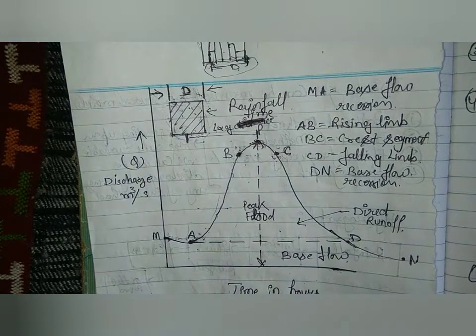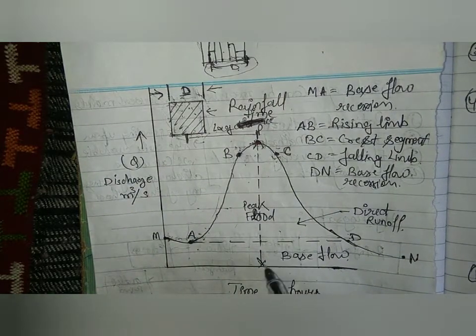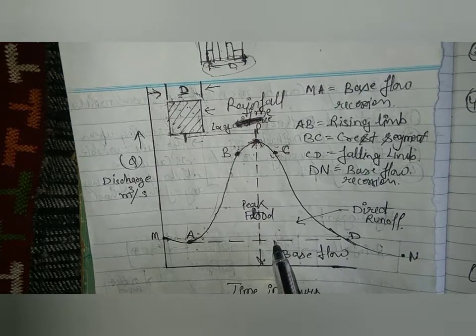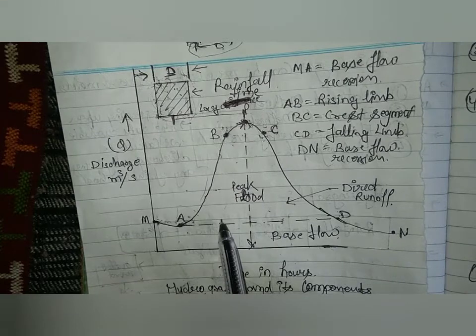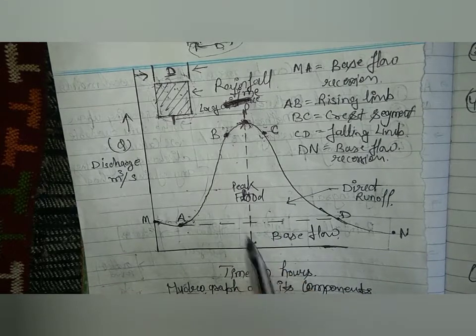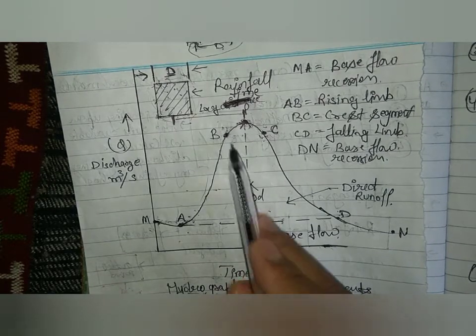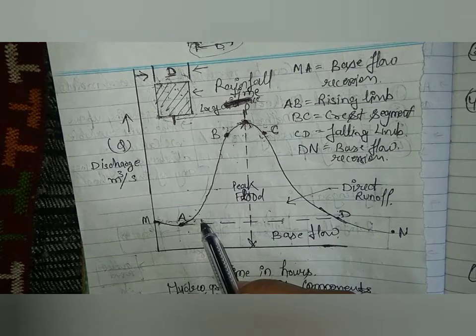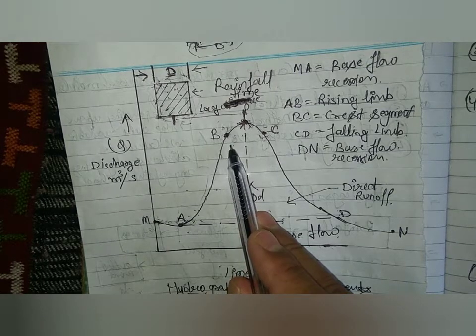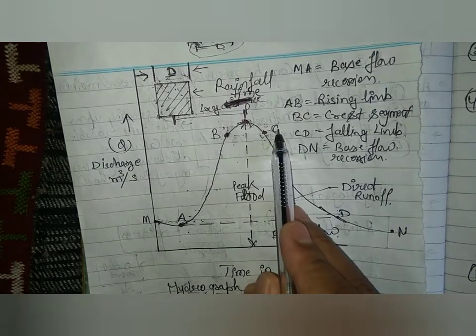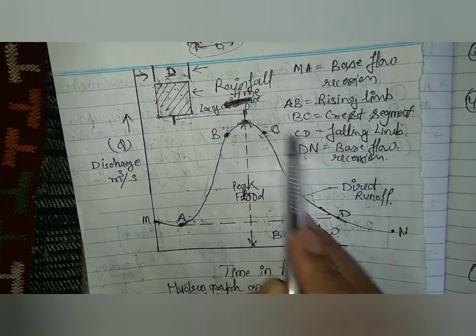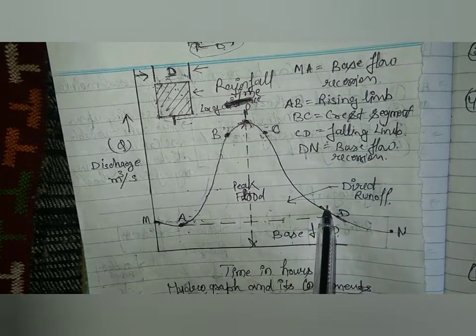Now a hydrograph of this kind is called a flood hydrograph. It has three characteristic regions. First one is your rising limb, that is AB, joining point A to B. Then there is another segment, that is BC. This is called your crest segment, and after that we have a falling limb, that is CD.